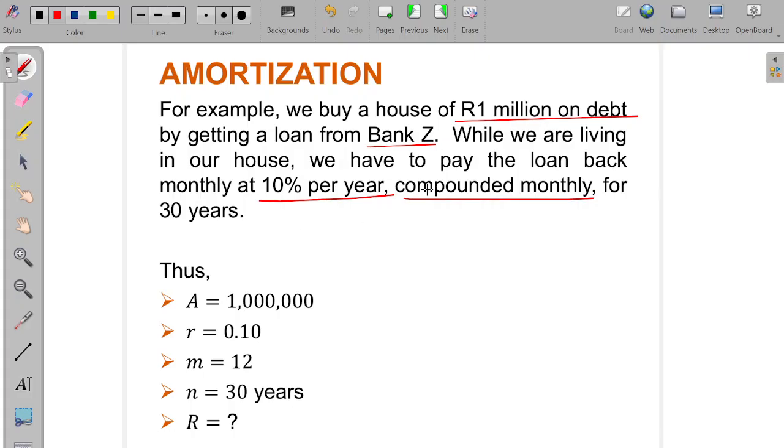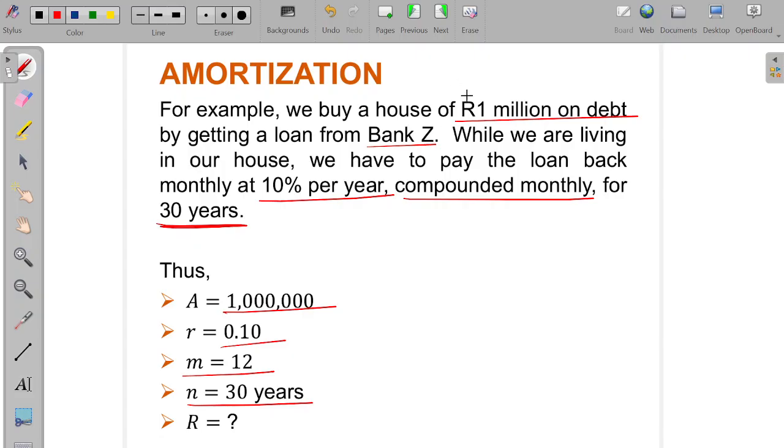From this example, we have our debt, the loan we collected from the bank, which is 1 million. We have our rate, 10%. We have compounding monthly, which is M equals 12. And the period we are going to pay for is N equals 30.